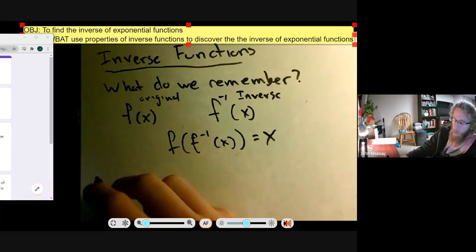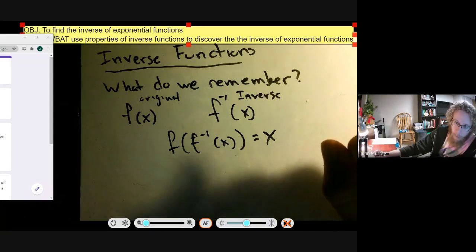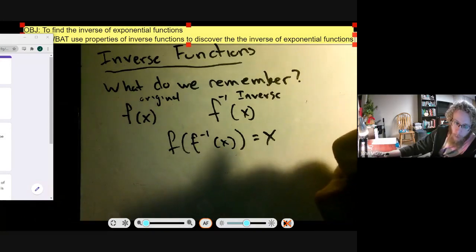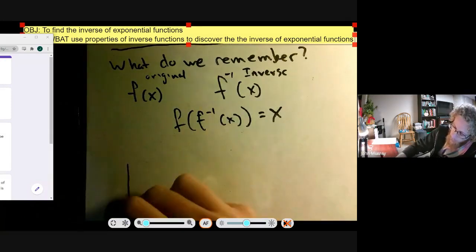All right, so what do we remember about the graphs of two inverse functions? Do we remember what they are? Let me give you a quick look.